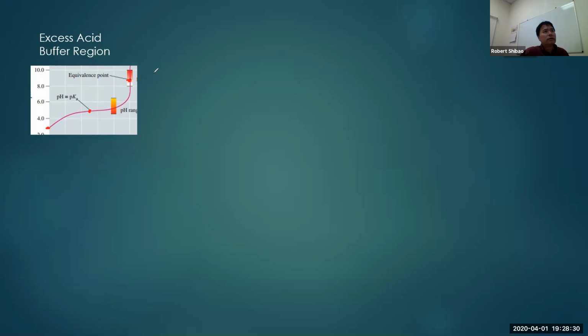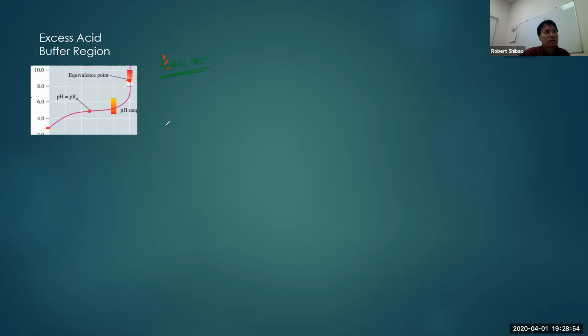Okay, so the first thing is we're going to look at a half equivalence point. Which I had as green, I guess. The half equivalence point is going to be this. We have to look at the titration as a whole.